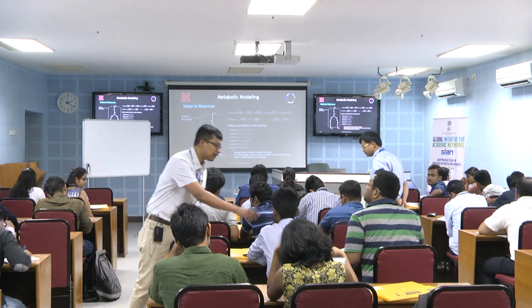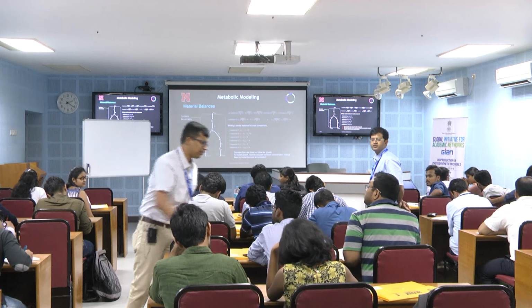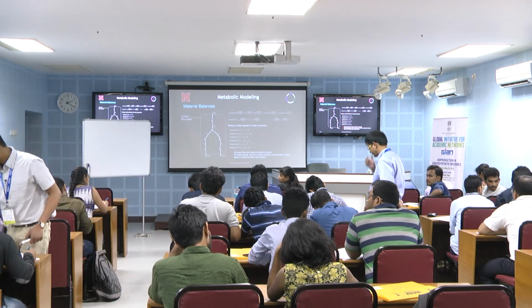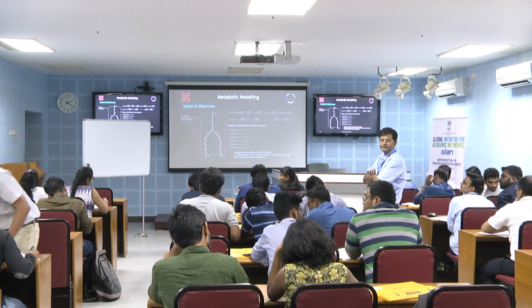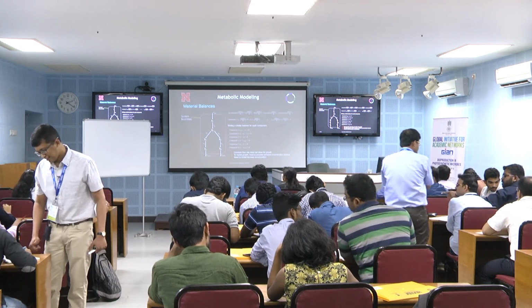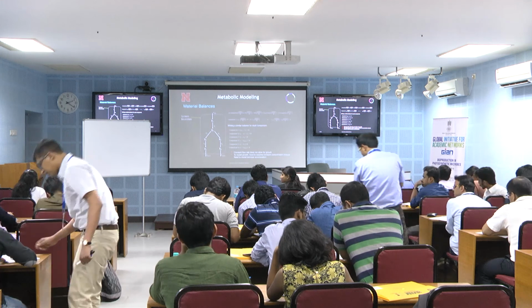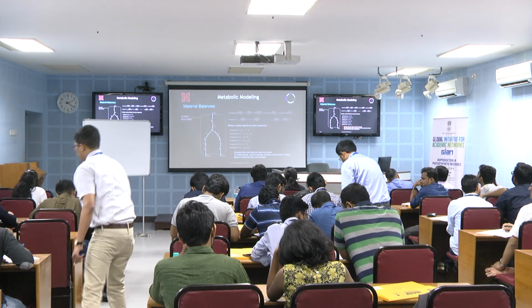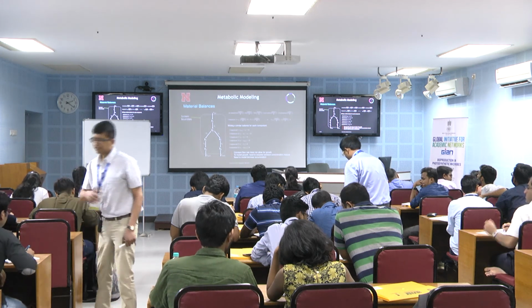The last one is out 4 and out 5, but anyway, it doesn't matter. Do you need my help? Here you have to put 0 or out. Just put out, because it's an output flux, right? Are you fine? Good.